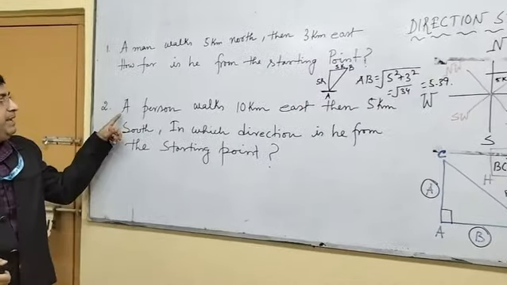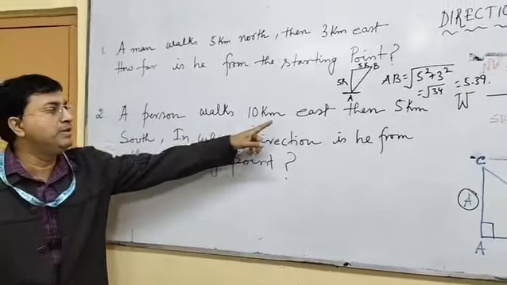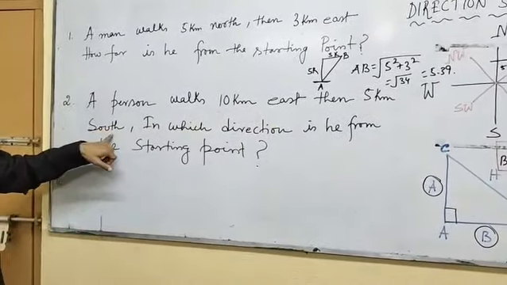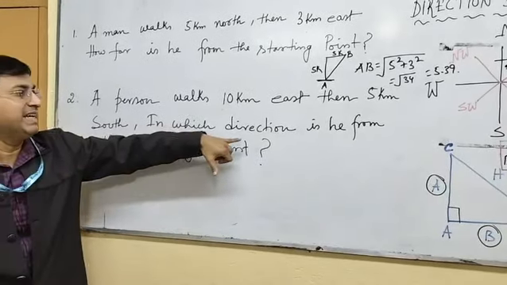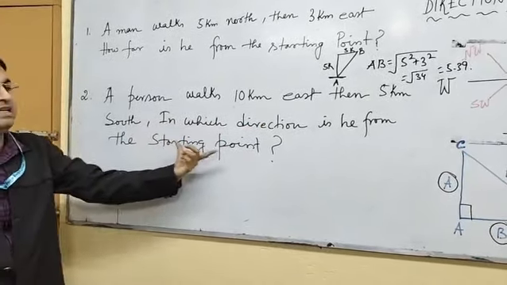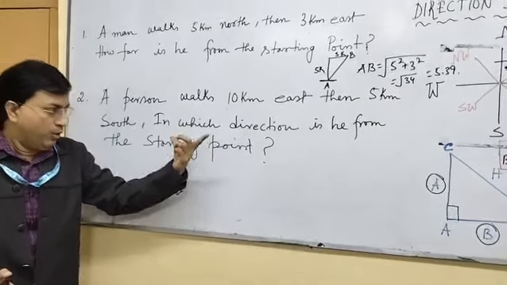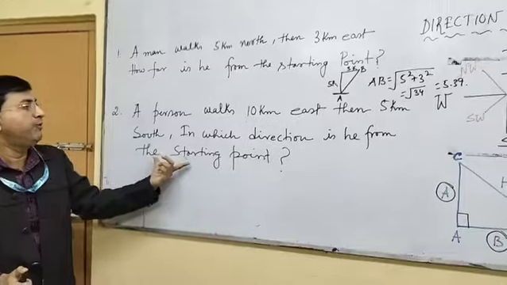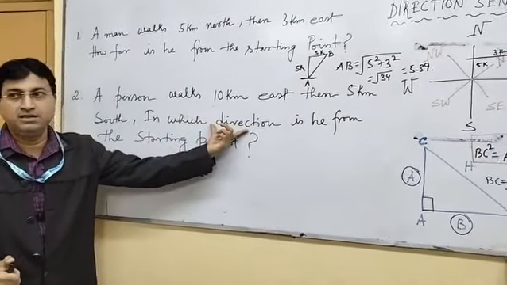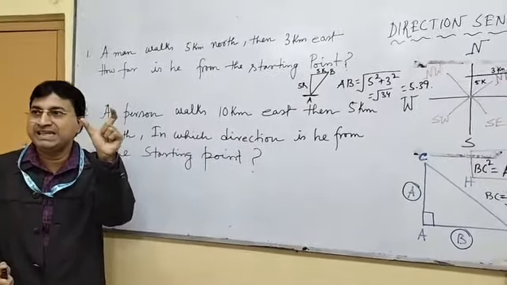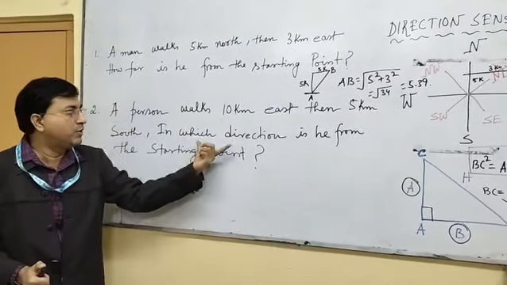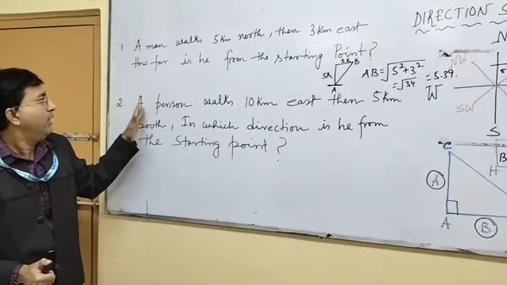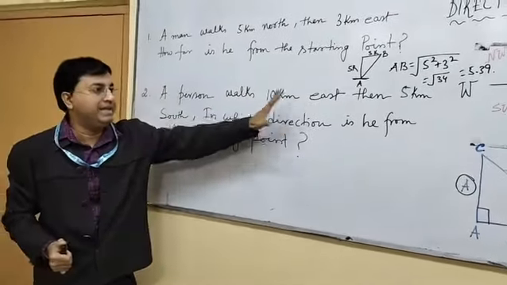Next, a person walks 10 km east, then 5 km south. In which direction is he from the starting point? So students, logically you have to see, here we have to find out the direction, not the exact kilometers, right? So we have to find out the direction. A person walks 10 km east.